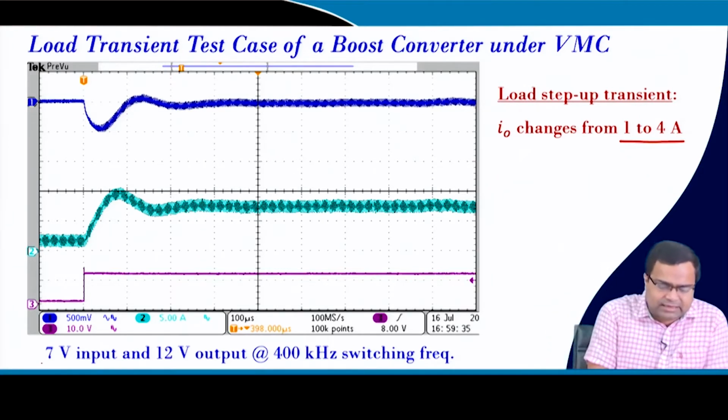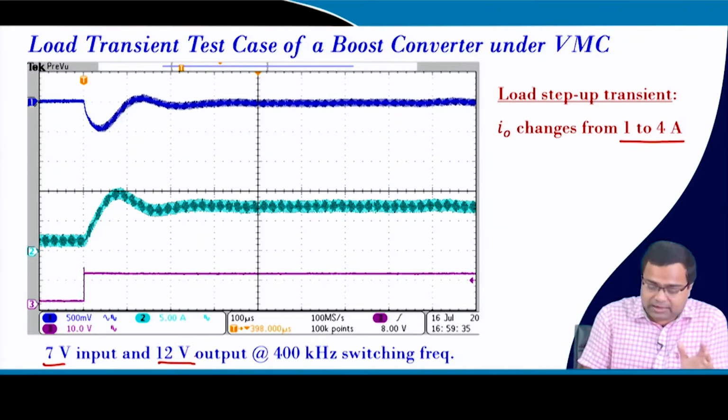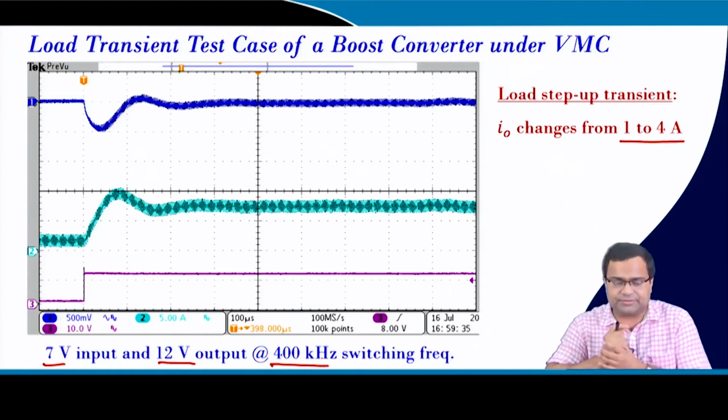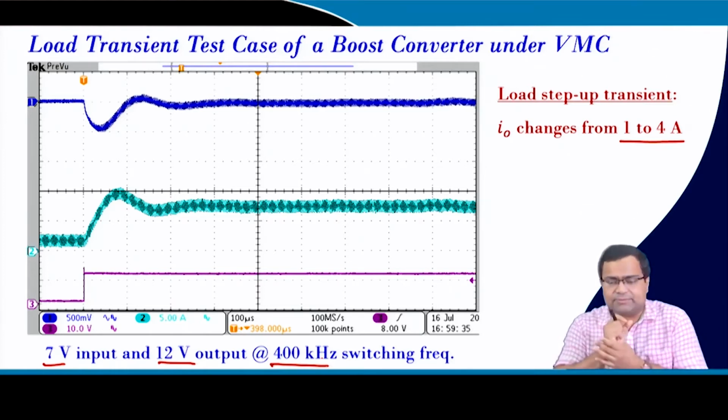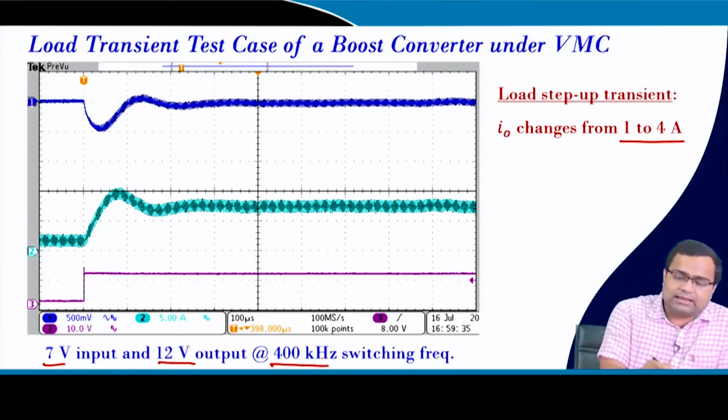So, here we have designed a 7 volt input and 12 volt output boost converter, and we are operating at 400 kilohertz, not 500. So, 400 kilohertz switching frequency. Now, if we apply a 1 to 4 ampere load step, you can see this is the AC coupled output voltage.